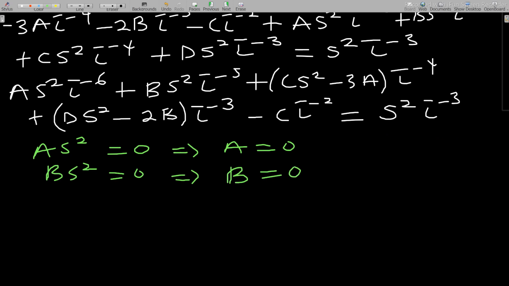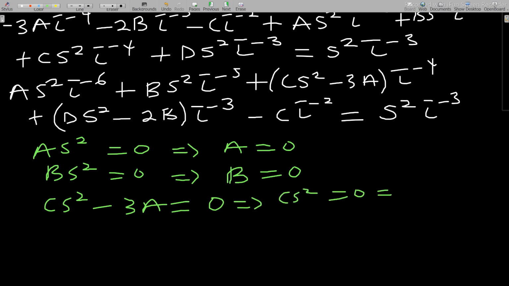Then with the tau to the negative 4, I have c s squared minus 3a equals 0. We don't have any tau to the negative 4 in the right side, but since a is 0, this implies that c s squared equals 0, and c is equal to 0.